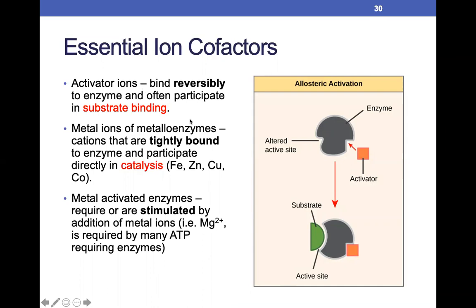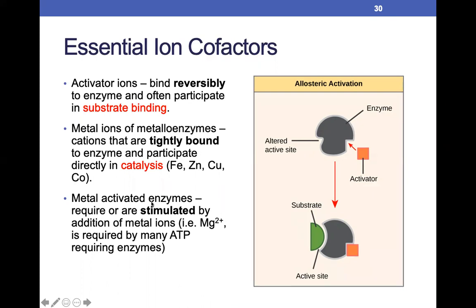Contrast that with the activator ion, which isn't acting on the substrate at all. It's just binding to my enzyme reversibly so that the active site can be ready. The second one is a direct effect: metal ions of metalloenzymes, tightly bound, directly catalyze the reaction.